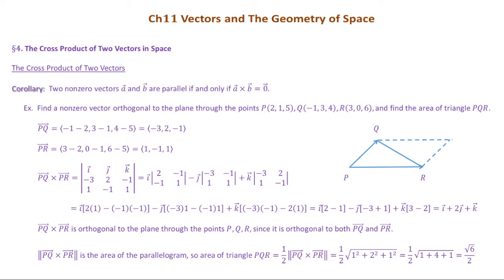Conversely, if the cross product is 0, then using the same formula, the magnitude of A times the magnitude of B times sine theta, because A and B are not 0, theta must be equal to 0 or 180 degrees in order for sine theta to equal 0, right?